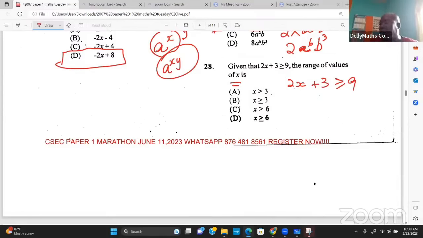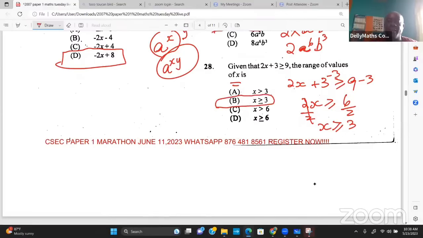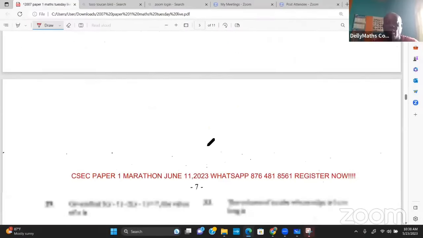So if that is not happening, you just work ordinarily. So we're going to subtract 3 from both sides. So what do we have? We have 2x greater than or equal to 6. Then we divide by 2, and you could see that x is greater than or equal to 3. Then you look for your answer. I'm seeing this as my response, and it's right there. So you take your time, you work your thing down, and then you see what's going on.